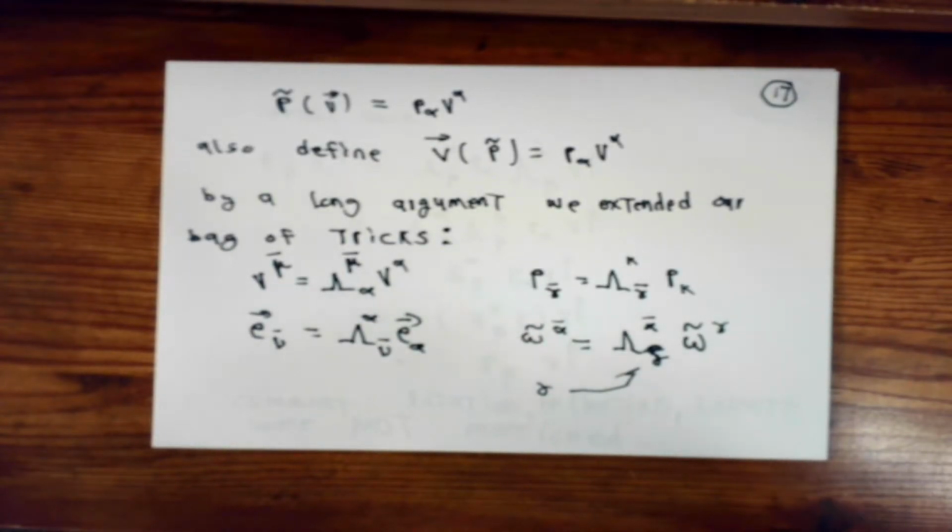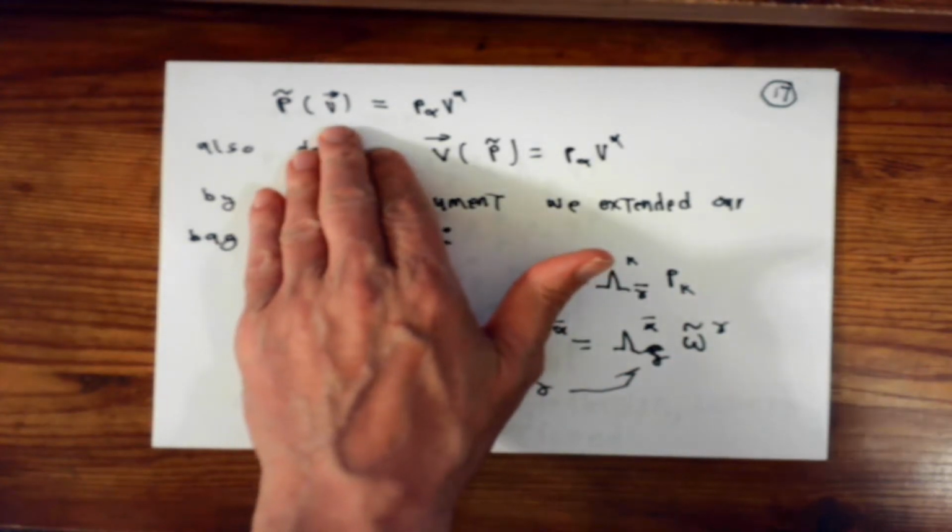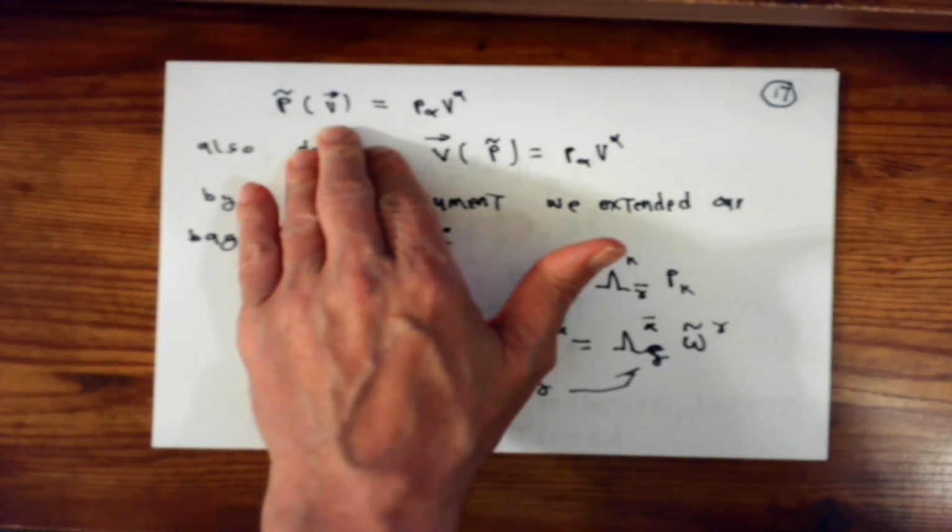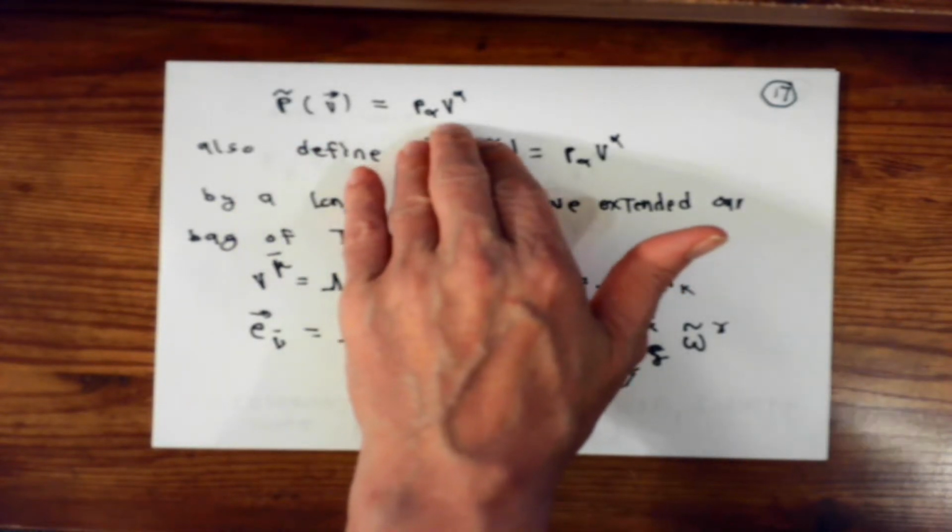The set of all vectors, V, form a vector space. They have a basis. We have defined the one forms to be linear functions from the vectors into the scalars, with P tilde V arrow is P alpha V alpha.